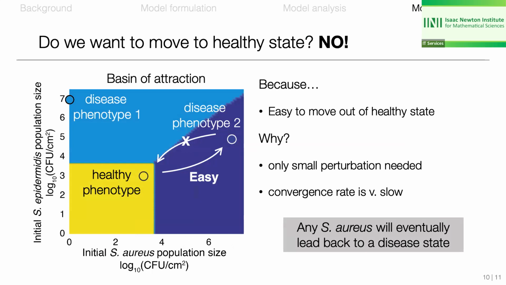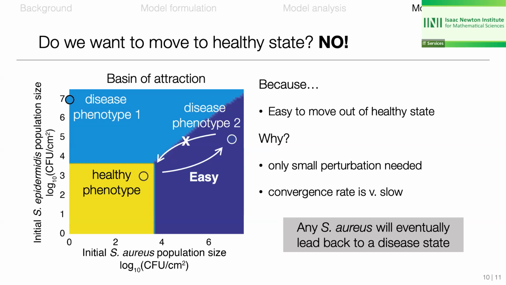We found that it's actually really easy to move out of the healthy state and into a disease state. This suggests that if there's a small perturbation in the system, then it's really easy to fall into the disease state and really difficult to get out of it.